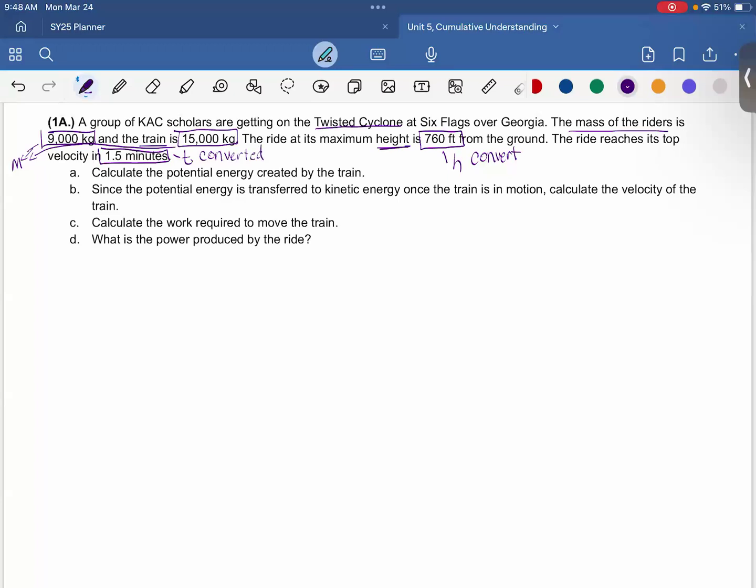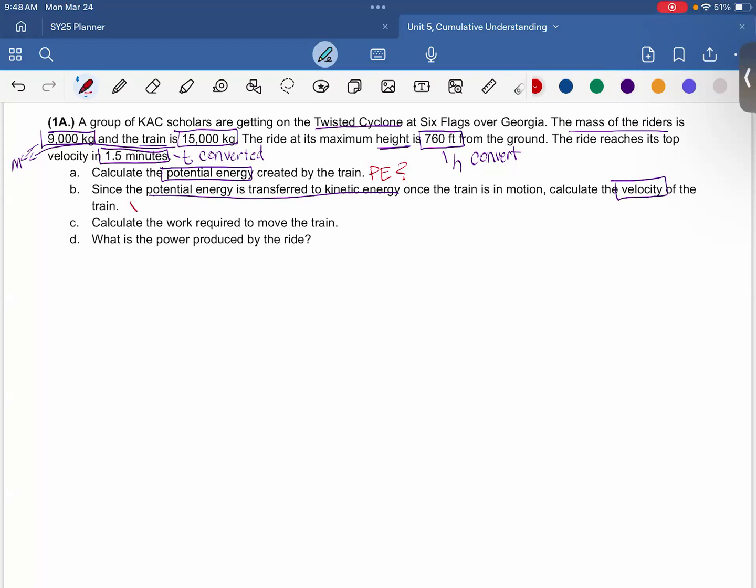The question asked us 4 different things to calculate throughout this problem. The first thing is, what is the potential energy? The second thing, since the potential energy transfers to kinetic, that's an important piece of information, is to calculate the velocity of the train.